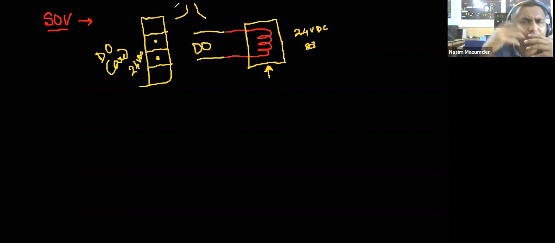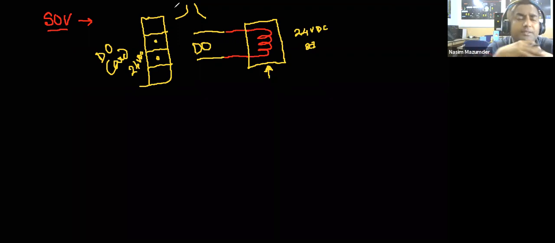Now, what is my way of working? Suppose I have a controller and I have to connect a solenoid valve with that controller. First I have to identify the slot or the channel in which I have to connect this valve.